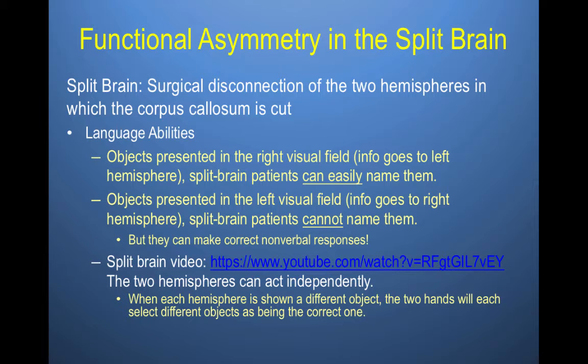They can, however, make correct nonverbal responses. You can learn more about that here, as well as how the two hemispheres act independently. When each hemisphere is shown a different object, in split brain individuals, the two hands will each select different objects as being the correct one. And you'll see some similar types of experiments in this very cool video.